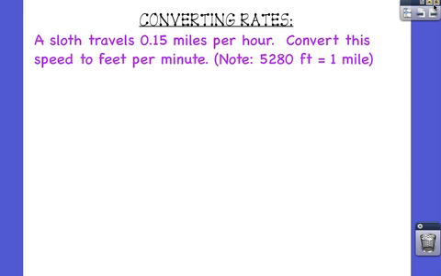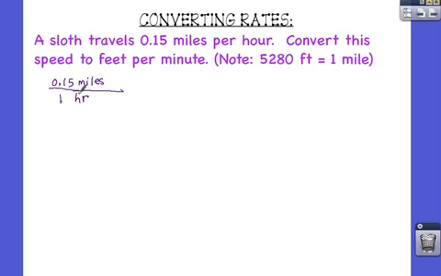So, we begin with 0.15 miles per hour. It is very important that you use your units. So we know that there are 0.15 miles per 1 hour.